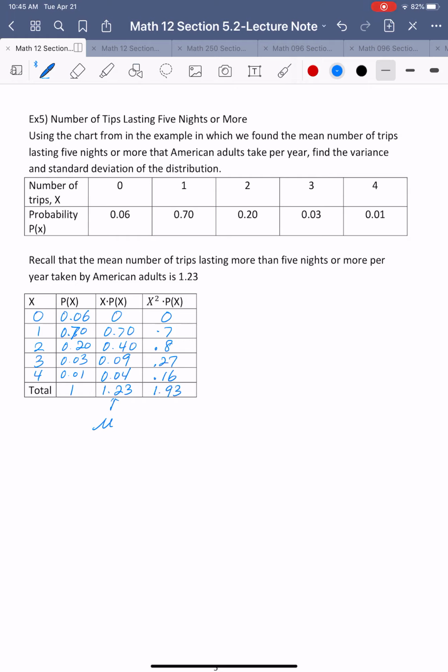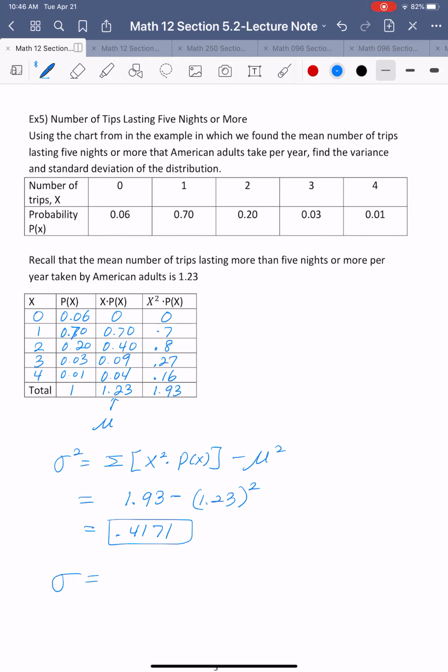Okay, so now to get the variance, it's sigma of x squared times P of x minus mu squared. So we already got the sum of this one, which is 1.93. So I put 1.93 minus 1.23 squared, which is 0.4171.